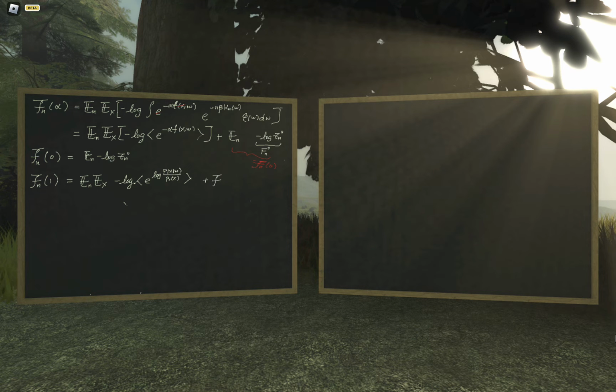Plus F_n of 0, because there is that annoying second term there.